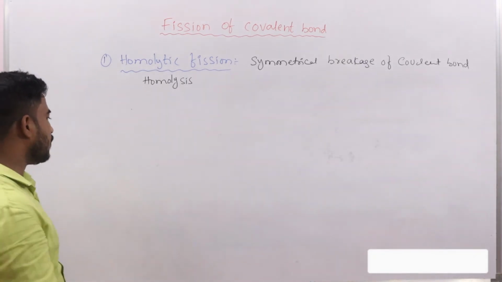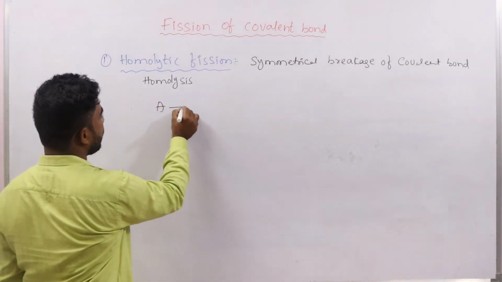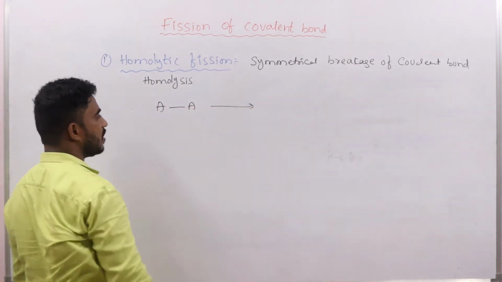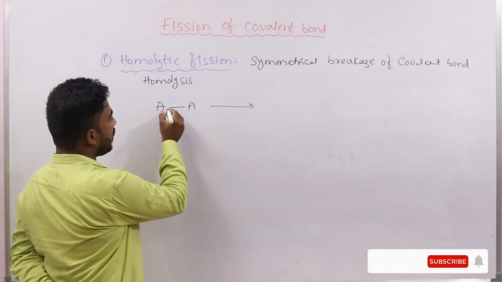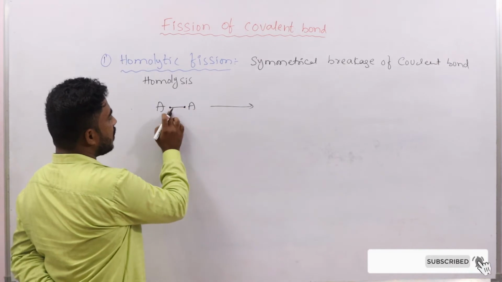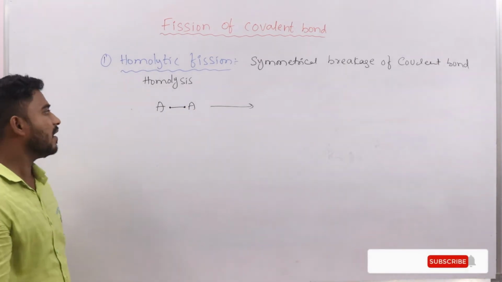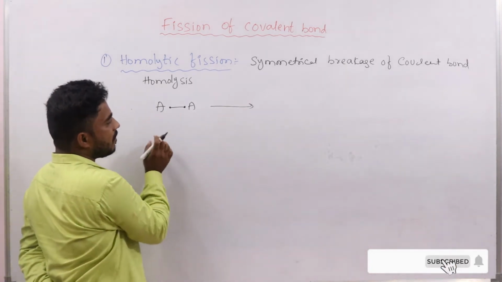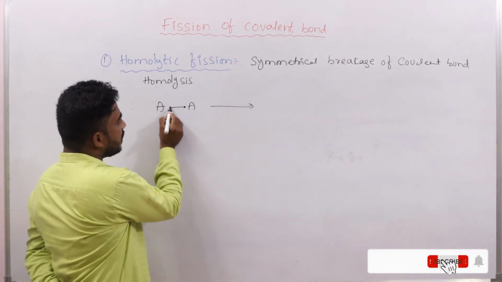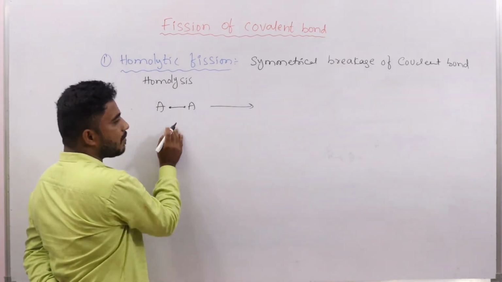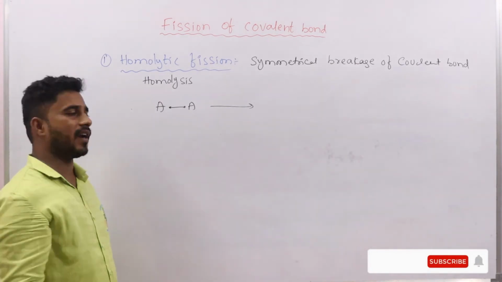For example, if you take an A2 molecule, to form a bond between A atom and A atom, two electrons are mutually shared. When this covalent bond participates in homolytic fission, the two electrons present in the bond undergo equal distribution between the two atoms.